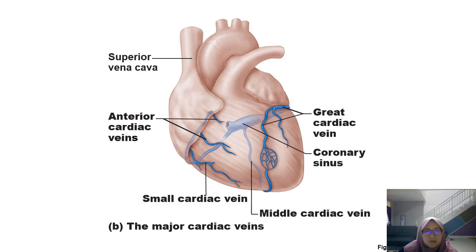Another one is the venous blood. Remember, we have the great cardiac veins, which empty through the coronary sinus, out from the heart and back again to the aorta and their main branches for the coronary arteries.